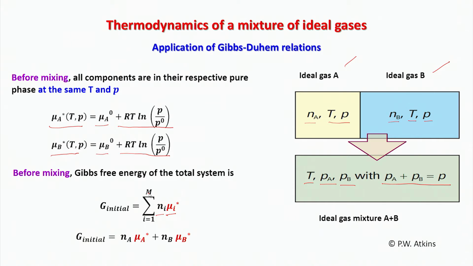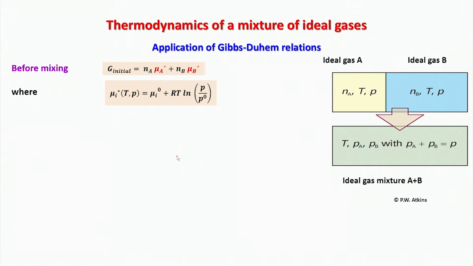So, G initial in this case is given by Na mu A star plus Nb mu B star. And if I use these two expressions, I know what G initial is. Now let us move over and use these results further.